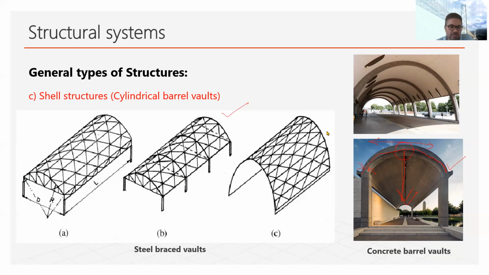So I will erase the markings. Now you can see the thickness in the middle is larger while the thickness at the edge is lower. As a matter of fact, these vaults can span up to 45 meters. That is why barrel vaults are the most useful shell structures.